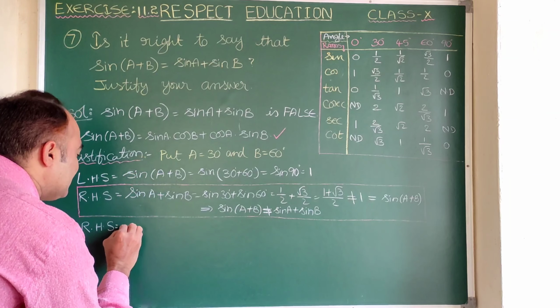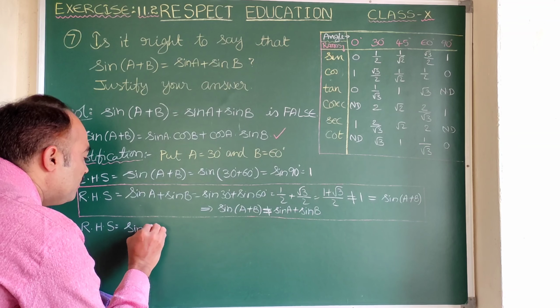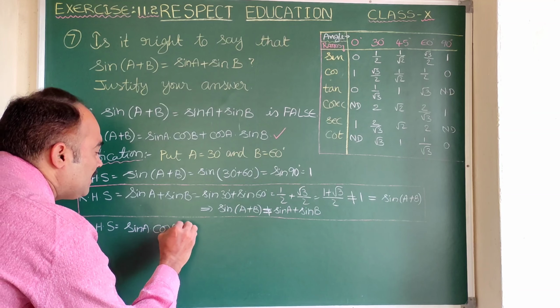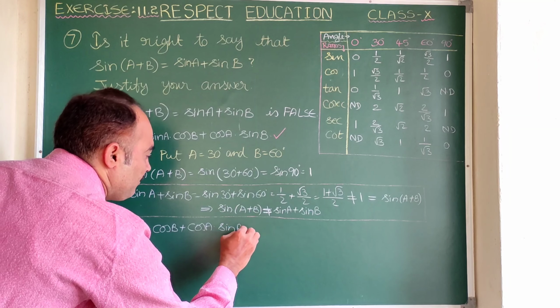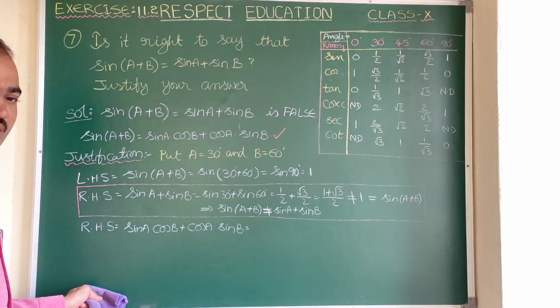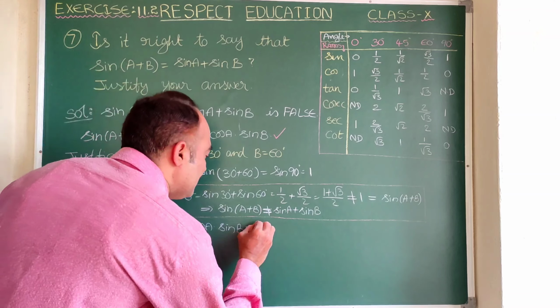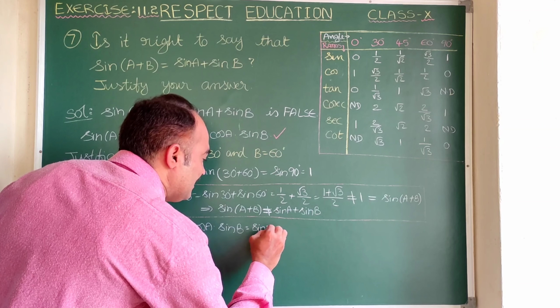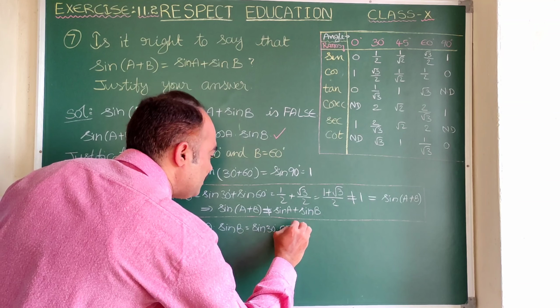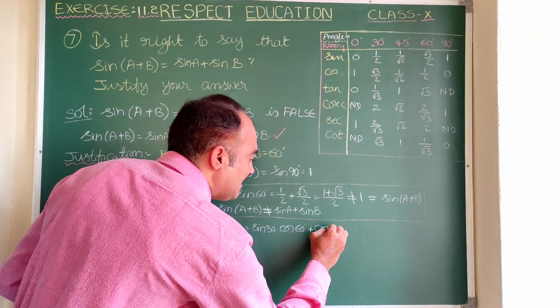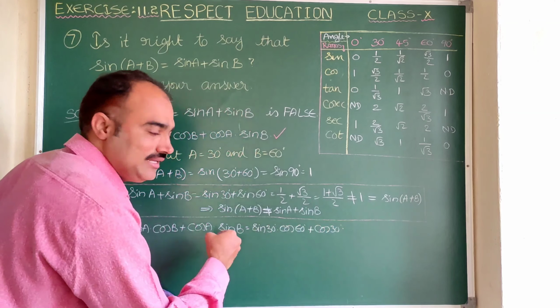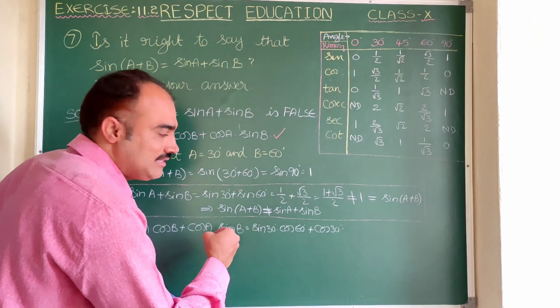Now here it is: sine A into cos B plus cos A into sine B. Let us substitute the values. Sine A means sine 30 degrees into cos 60 degrees plus cos 30 degrees into sine 60 degrees.